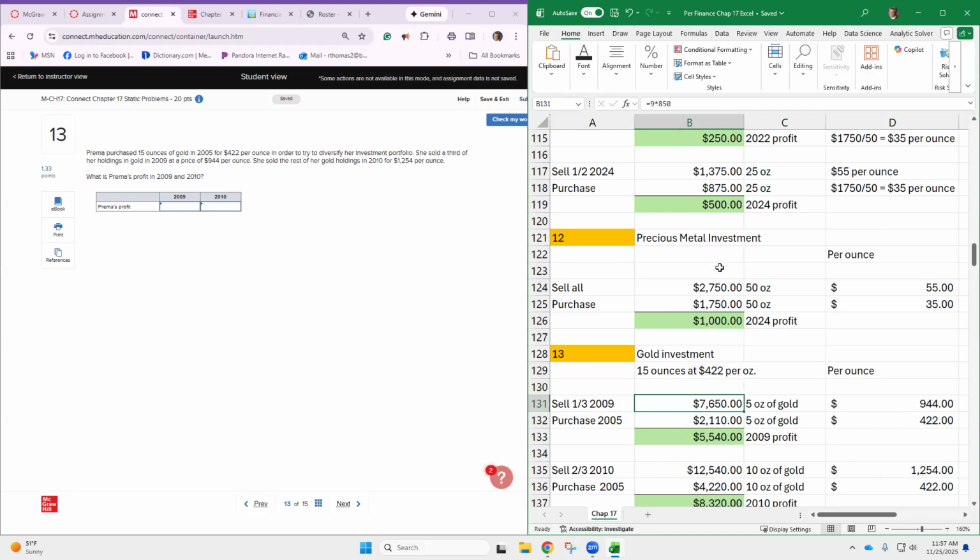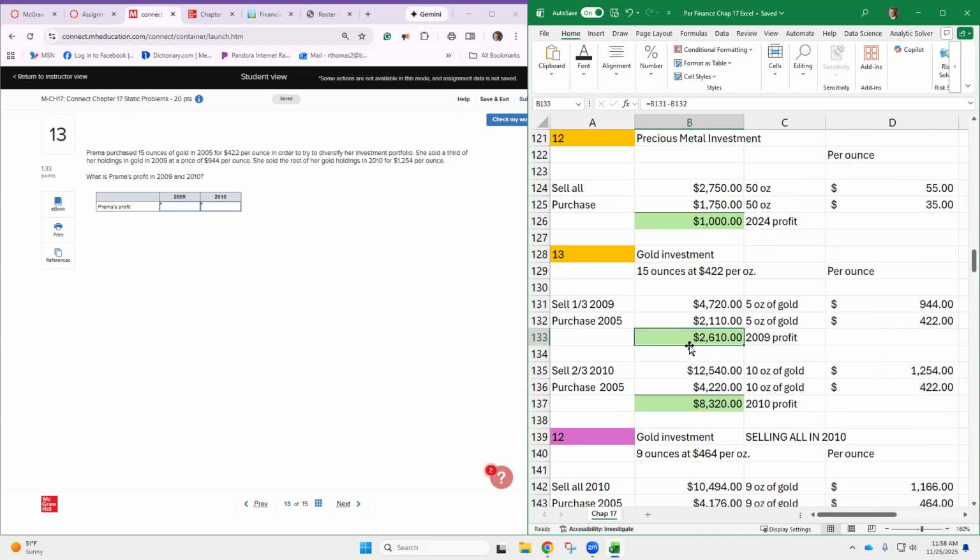Then 1/3 of it, right, which is the 5. Okay, 5 times the 944, which is right here. There is how much he sold. And he made a profit in 2009. Okay, so the first profit is $2,610.